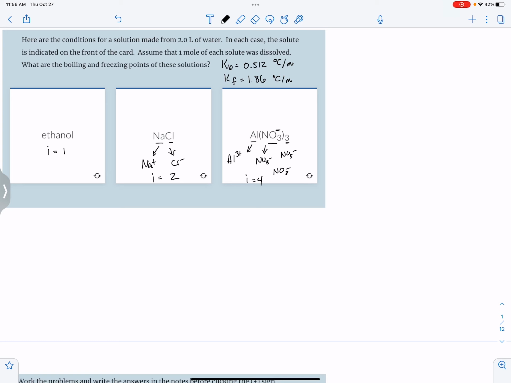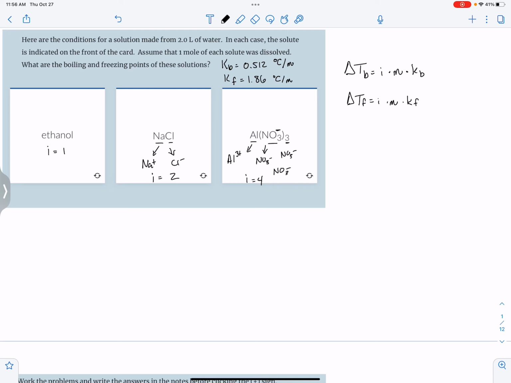The other thing is to remember the equation. If we are trying to figure out the temperature change for a boiling point, then it's going to be your i factor times your molality times the appropriate K value right there. So this is for the boiling. And then it's the same setup for freezing: i times molality times Kf.